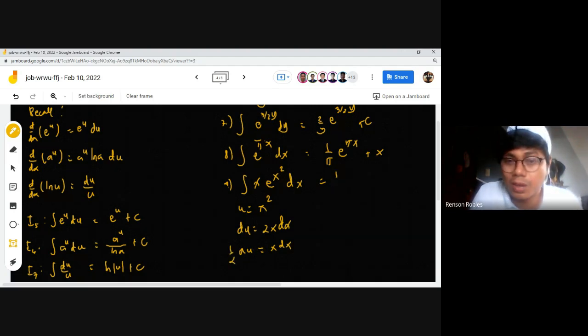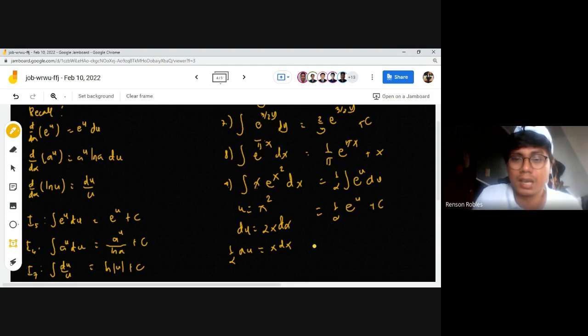So you have 1/2 integral of e to the u, and then x dx is 1/2 du. You have 1/2 integral of e to the u du is e to the u plus c, and then you write it back to the original variable: e to the x squared plus c. Yun pala, sir. Naglagay lang ako ng 1/2 sa labas, and then kinopya ko lang to.